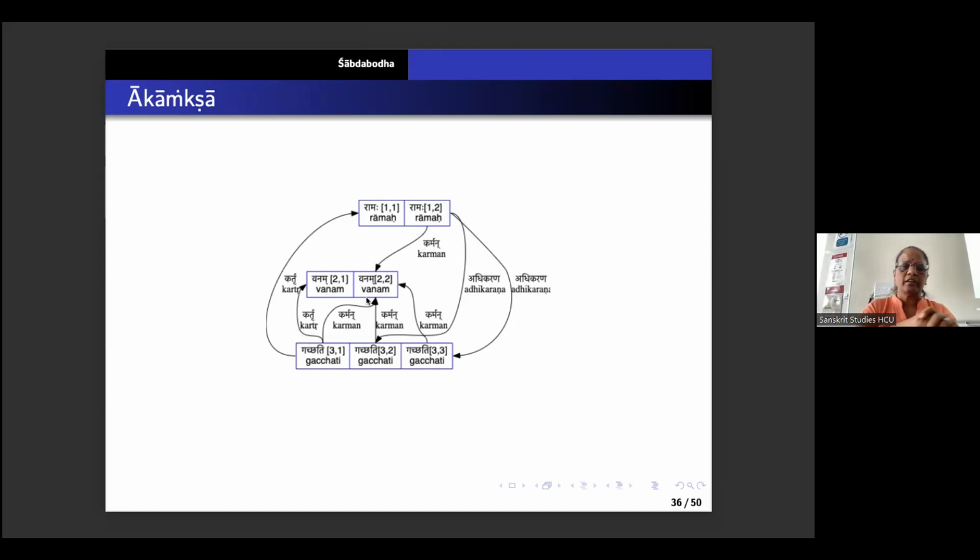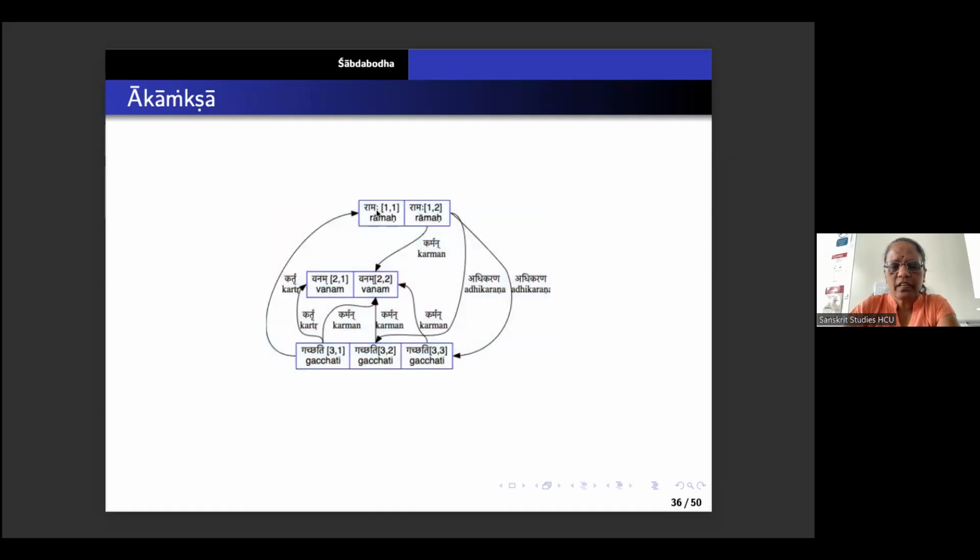Grammar tells us which relation needs what kind of suffix. The relation between the name of the relation and the suffix, the rules are provided in the grammar. Based on those, we establish these relations.